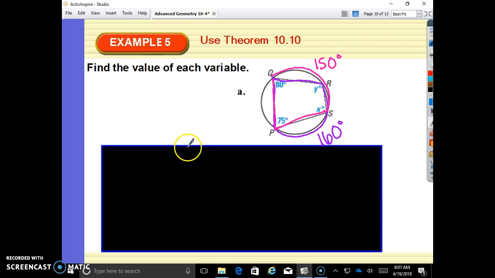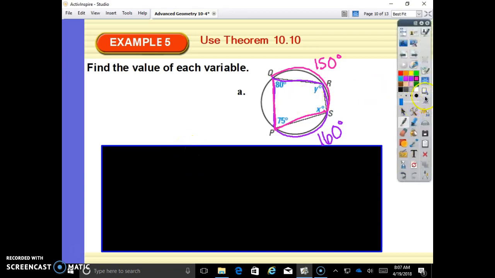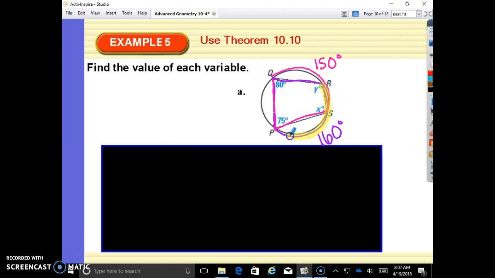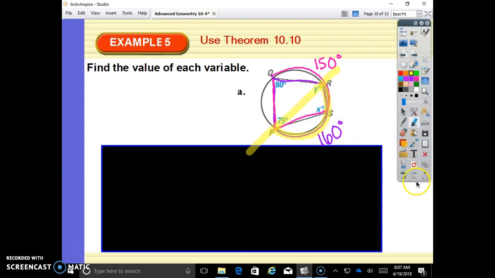Is that going to help me at all? A little bit. Look here. So if we're looking at this right here, being 160, don't think of it as a semicircle. Just think of it as splitting it up.